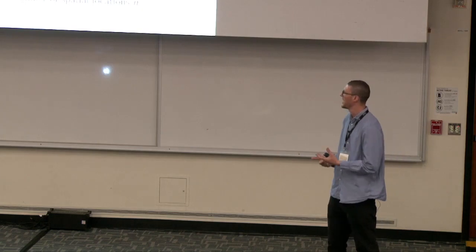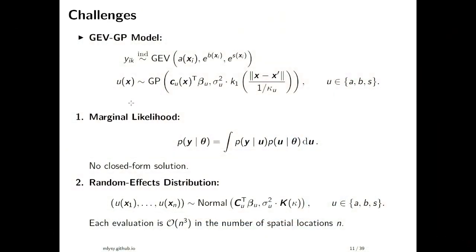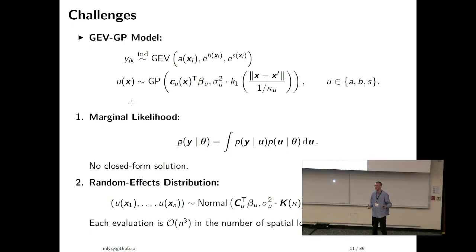You want to get your multivariate normal PDF or sampling or whatever it is, that scales cubically in the number of locations. This is very bad. You want to do like a big spatial analysis on several thousand locations, that's starting to waste a lot of computational resources to do that.